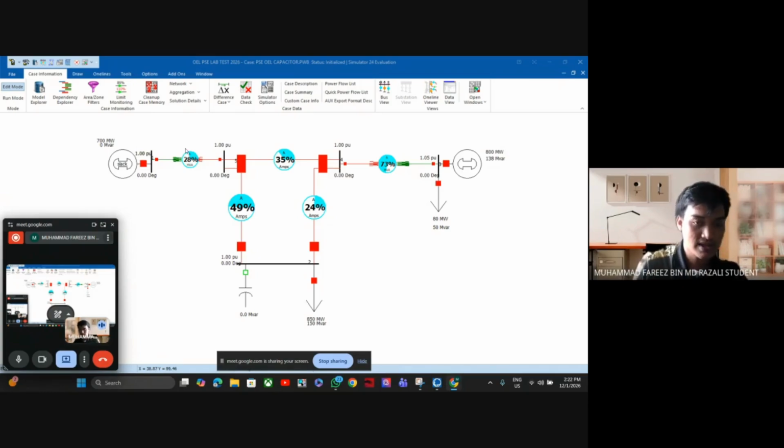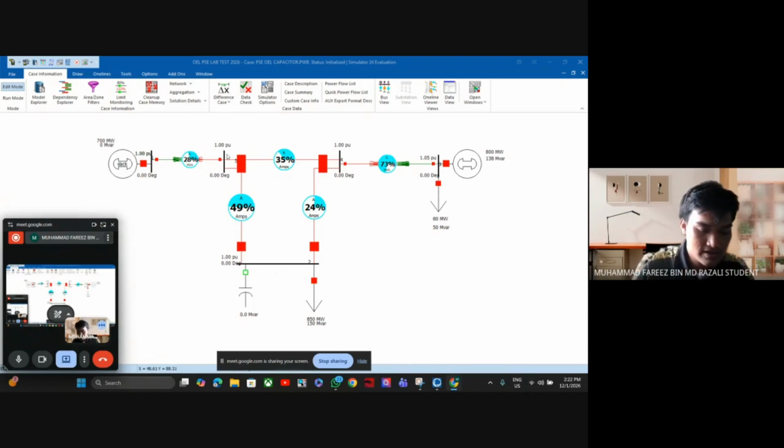Then we can take a look at the transmission lines. The transmission lines connect several buses, which in this case are bus 2 to bus 4, bus 2 to bus 5, and bus 4 to bus 5.